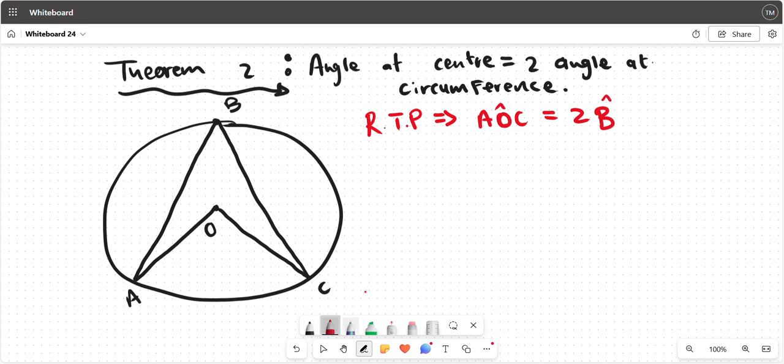So let's do some constructions. Again, we do need to construct. The first thing I'm going to construct is this line there.